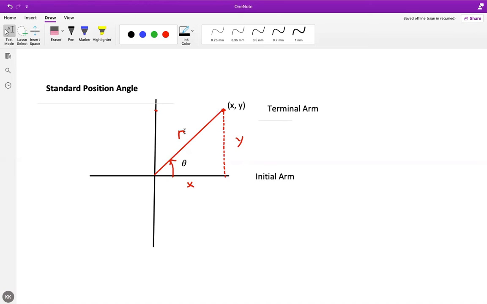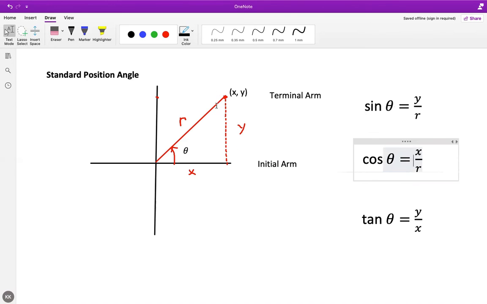So we have the new formulas for trig ratios. Given that we have the right triangle in this position, with adjacent length x, opposite y, and the radius r, sine theta becomes opposite divided by radius.